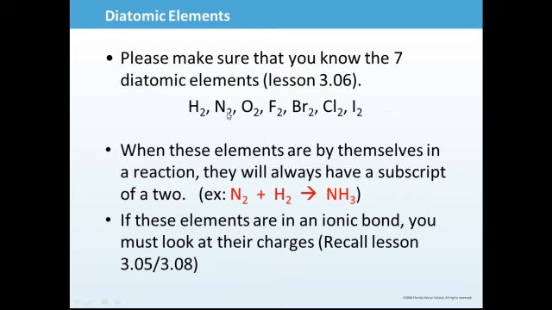Only these 7 will have a subscript after them when they're by themselves, such as in the example we just saw with nitrogen reacting with hydrogen to form ammonia. If you are forming a new ionic bond, that's when you must look at their charges and figure out what their subscripts are going to be. Recall lessons 3.05 and 3.08, when we wrote those new ionic compounds.